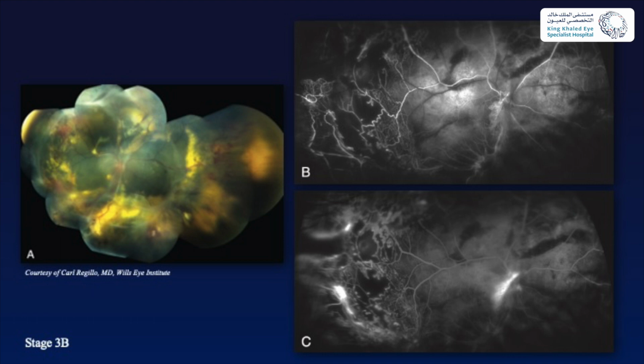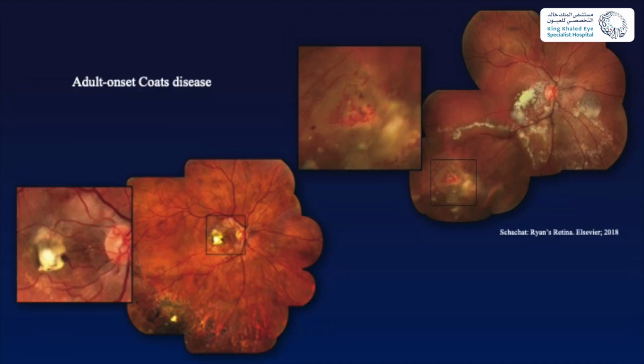As you can see, total retinal detachment involving the macular area. So this is a patient with adult-onset Coats disease. As you can see here in the magnified photo, this patient has vascular abnormalities. This patient received a scatter laser for his vascular abnormality. The hard exudates improved, but this patient formed a fibrotic scar at the foveal area.